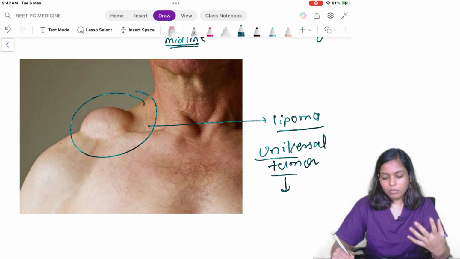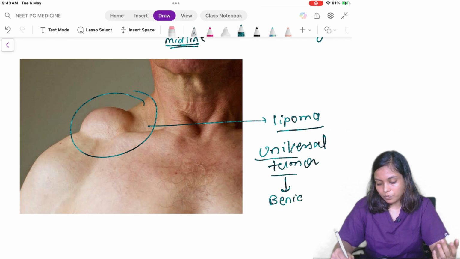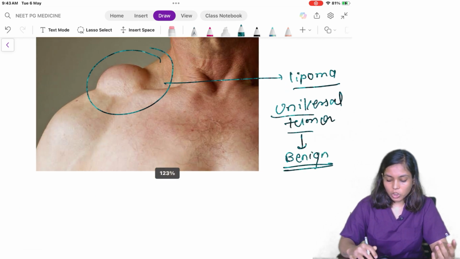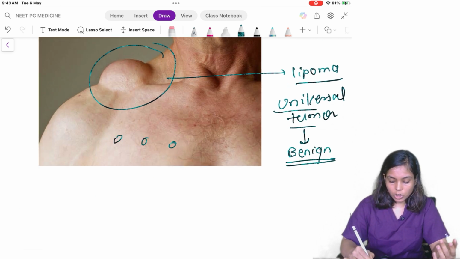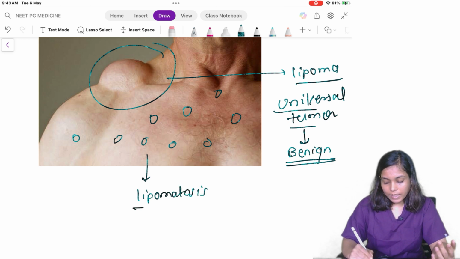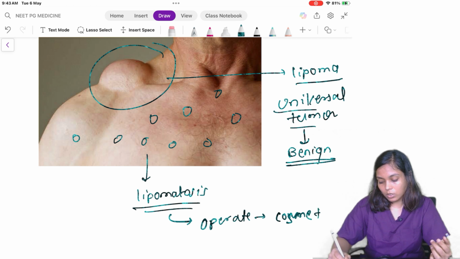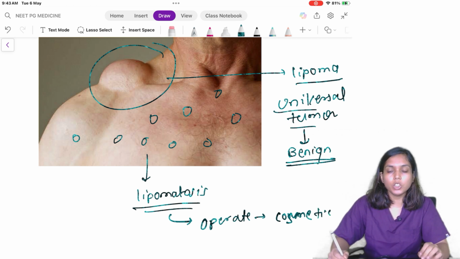Can it get converted into a cancerous swelling? No, it is a benign tumor. If the patient has multiple such lipomas over the body, then we call it lipomatosis. Is it necessary to operate on it? No. We operate for cosmetic purposes, but as such there is no surgical indication.